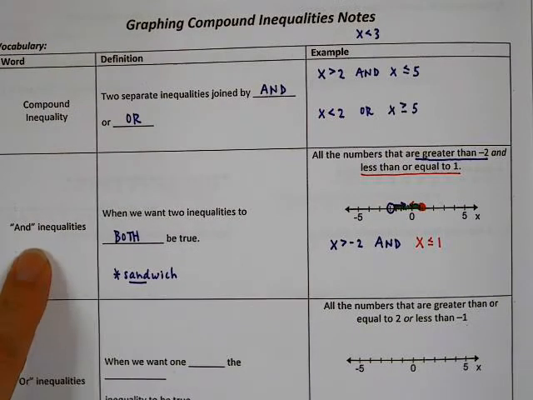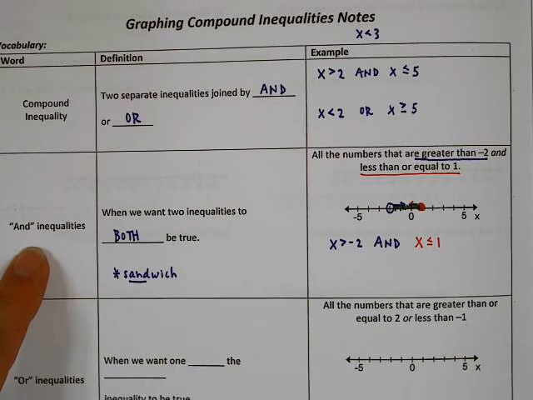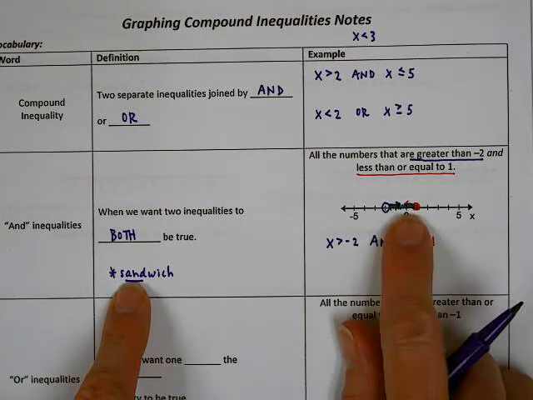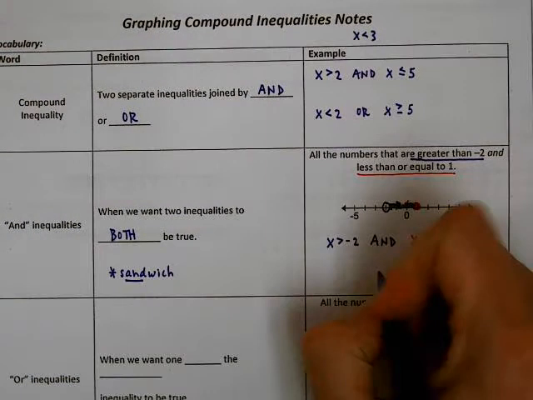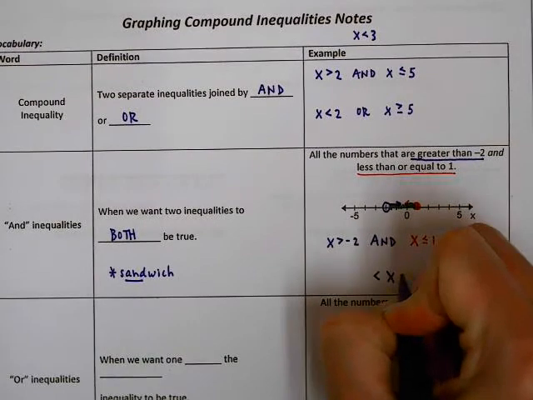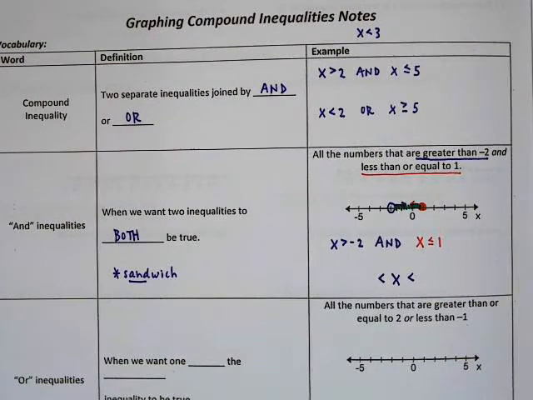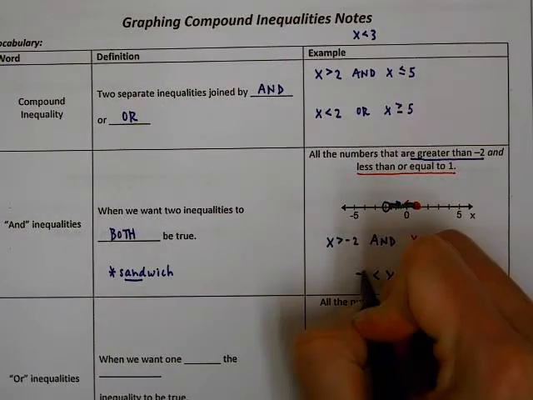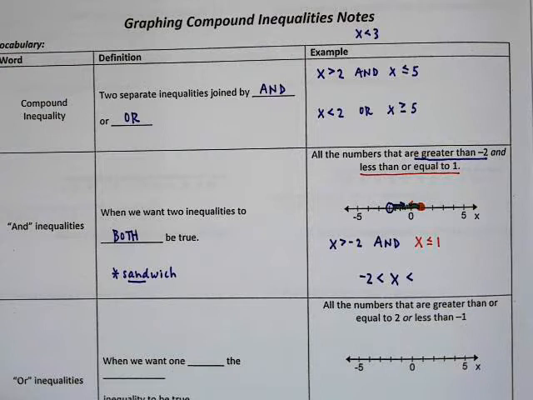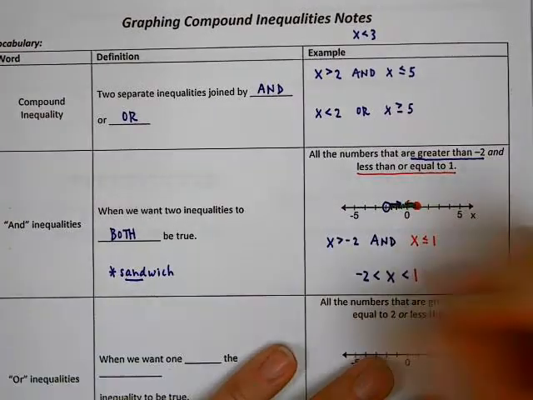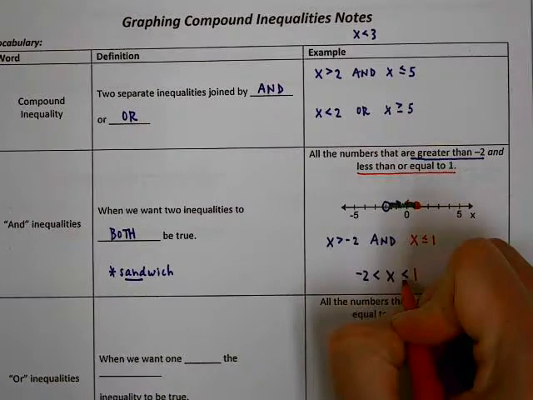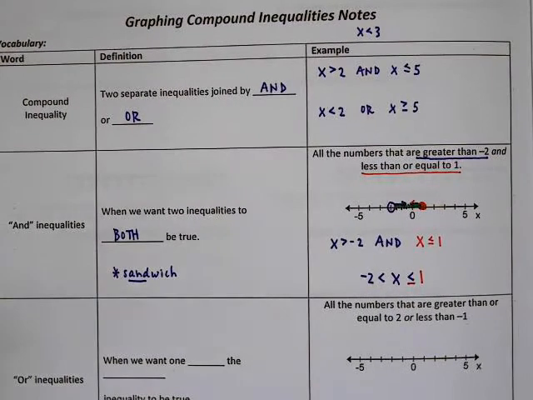Now, these are our and inequalities, but oftentimes you won't actually see the word and. So this is actually what happens. Just like our shading is sandwiched in between the two numbers, we're going to have an x that's sandwiched in between two values. On this side, I'm going to have my -2. And on this side, I would have my +1. Since this is a closed circle, this is going to have the line underneath.